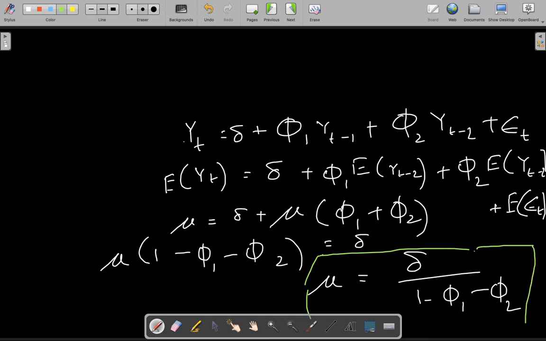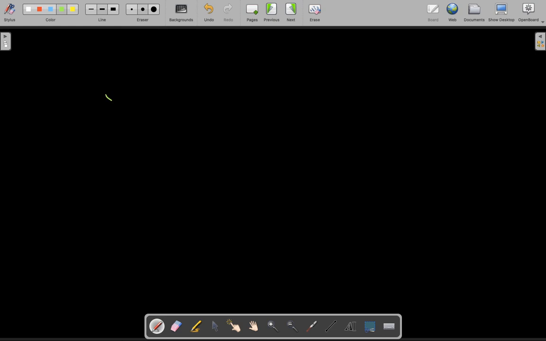But if I have a constant term delta, then I will have a value for mu which is again constant. In the same vein, we can also construct the mean for an AR model of nth order. It is just a simple extension of what we have done. Let me use a different page here. I will use a higher order AR series, with delta also; it doesn't make a difference, you can assume delta equal to 0 as well.